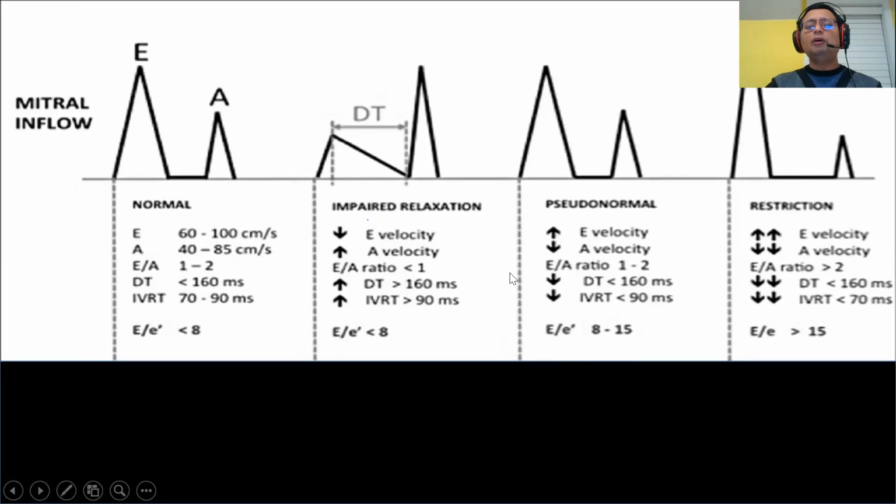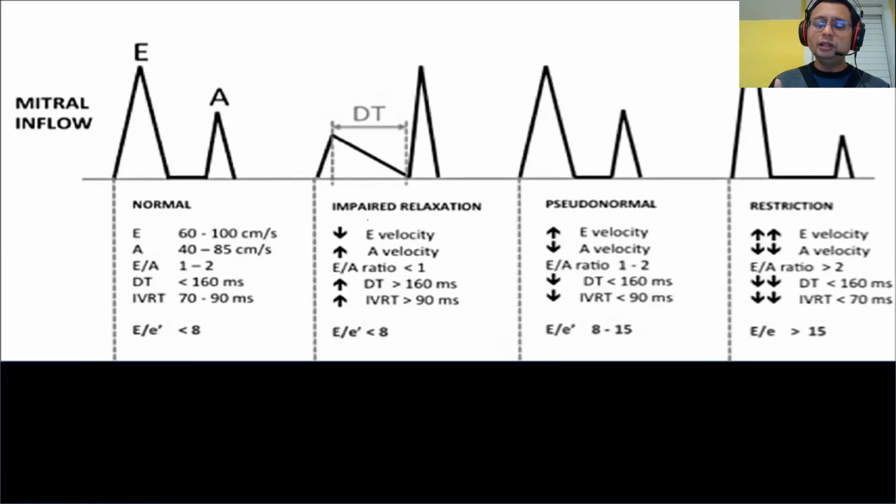Now, as the left ventricular filling goes from normal to pseudo-normal, you can see that the shape actually goes back to the same. So this and this are impossible to differentiate. And after that, you go to the restrictive pattern. Again, in this restrictive pattern, if you are young and athletic and your left ventricle sucks blood very well, you can have this pattern even though you have a normal left atrial pressure. So this is a conundrum.